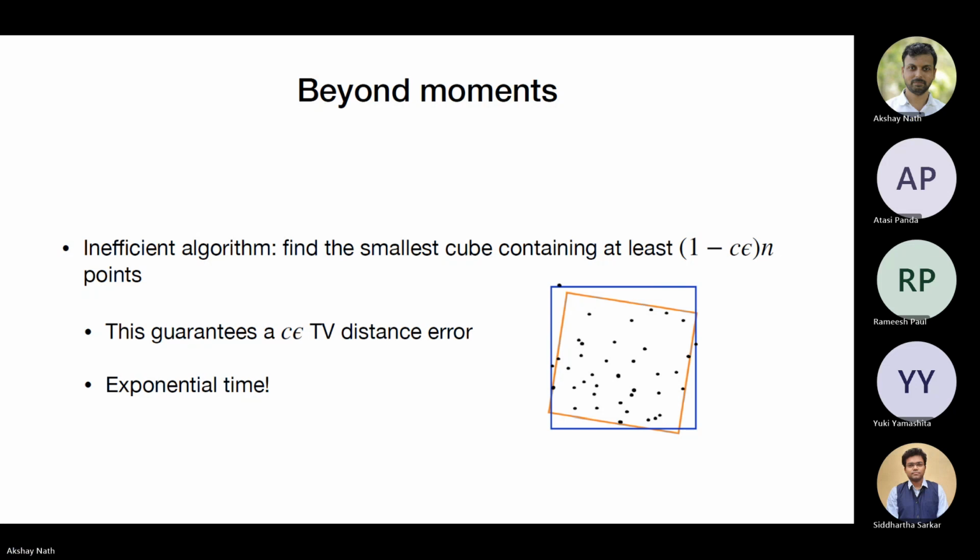If you have an upper bound on TV distance, does that imply an upper bound on Frobenius norm? Yes. But not the other way.